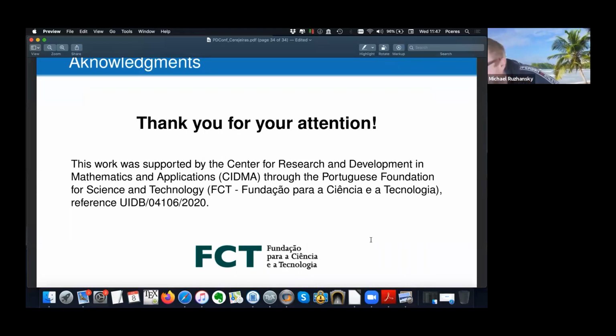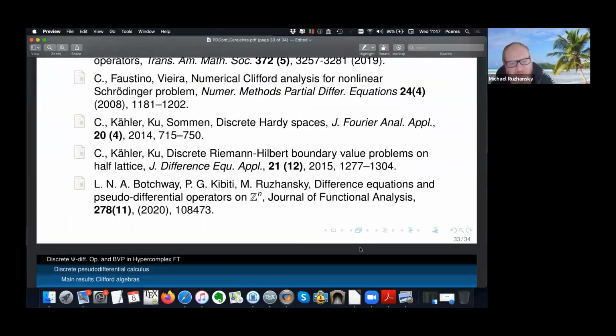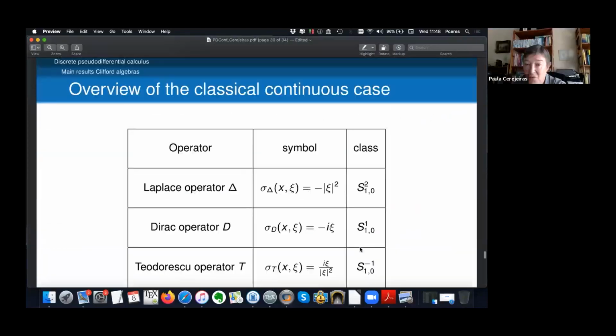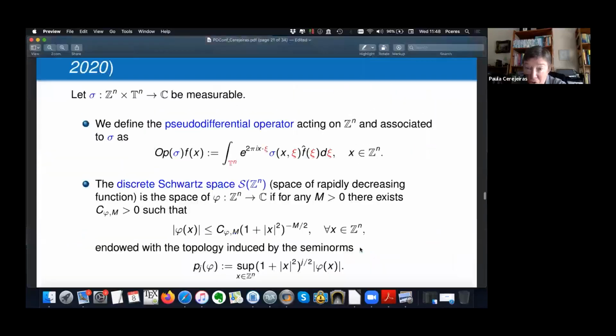Maybe I ask Paula, maybe I missed it, but when you make this splitting of e_j into e_j plus and e_j minus, how do you choose them? Just a moment, because you didn't miss it.